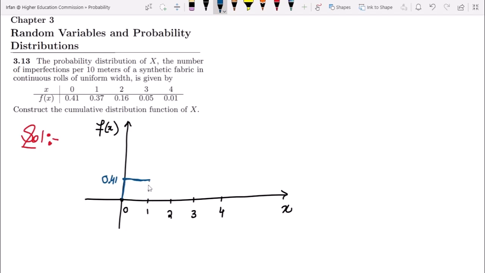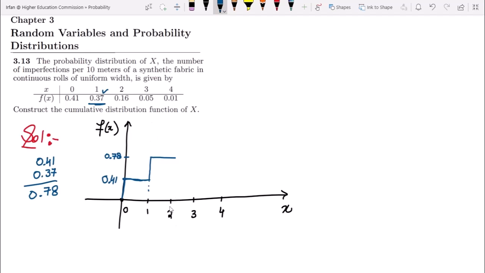It will proceed like this until we reach the value 1. So when I reach 1, what will happen? This value, which is 0.41, will be added with the value at 1, which is 0.37. Let me add them together here, and we will get 0.78. So therefore it will become 0.78 here, and from here onwards up to this 2, it will be 0.78.